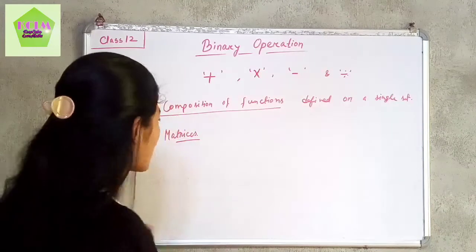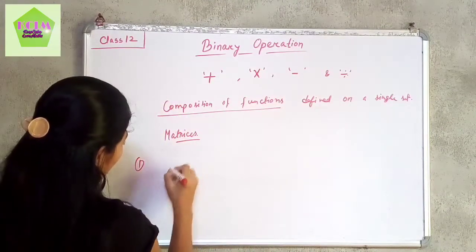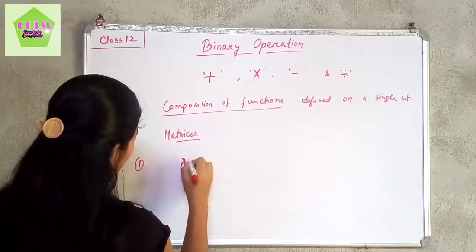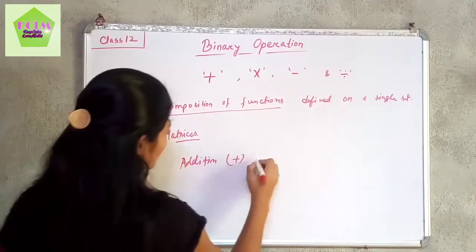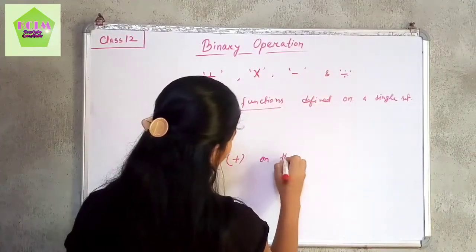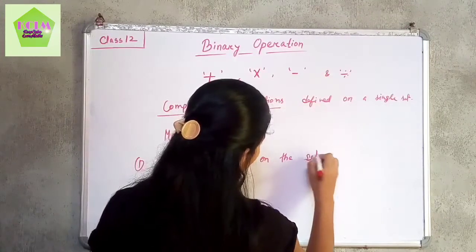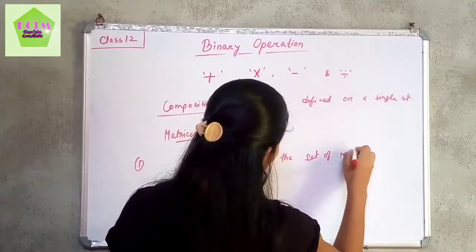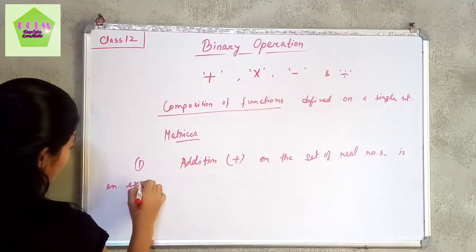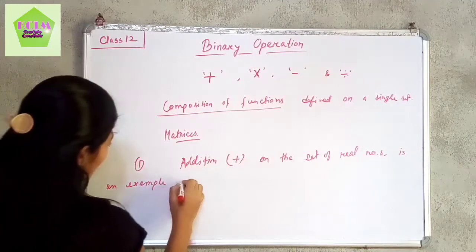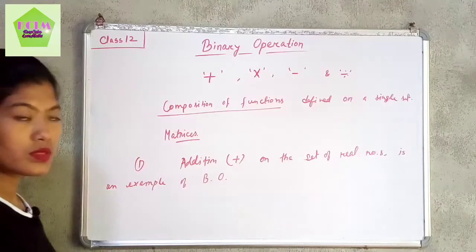To see some examples, we may have addition on the set of real numbers, which is an example of binary operation. How? We all know the set of real numbers, right?